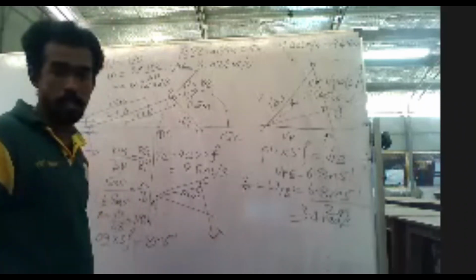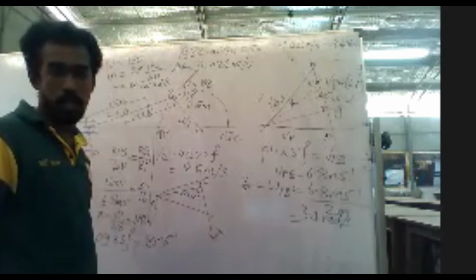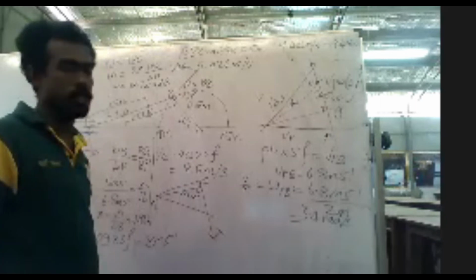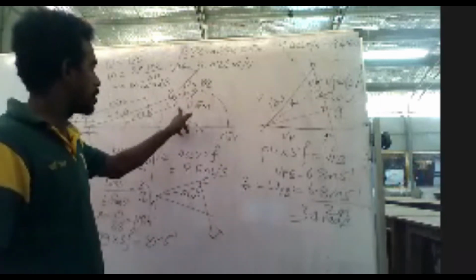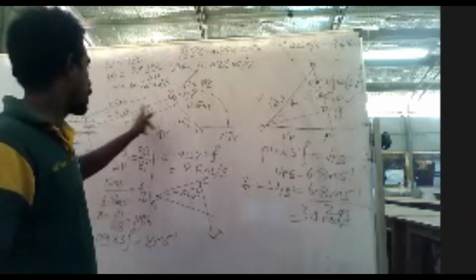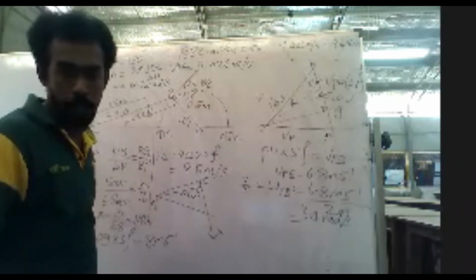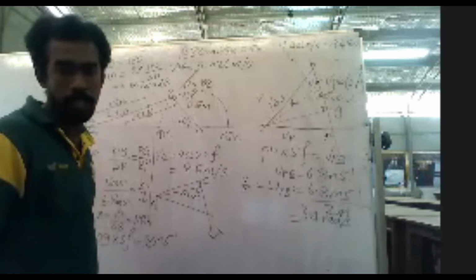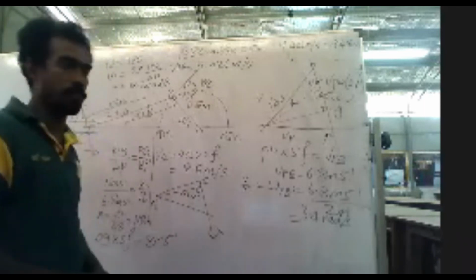And now the final question is velocities of rubbing at the pins on the crankshaft, crank, and crosshead, when the diameters of their pins are 50, 60, and 30 respectively, right?